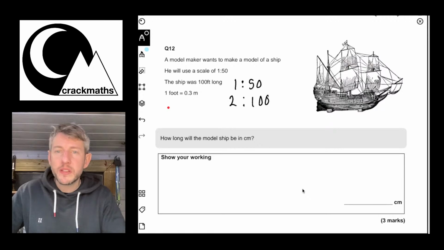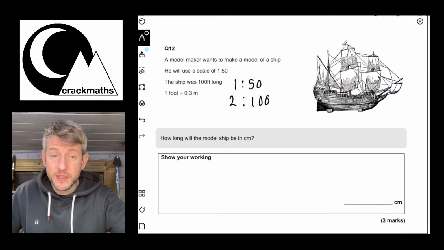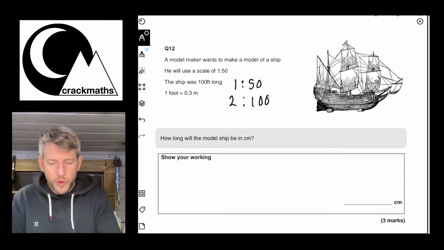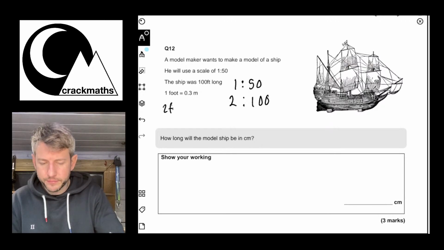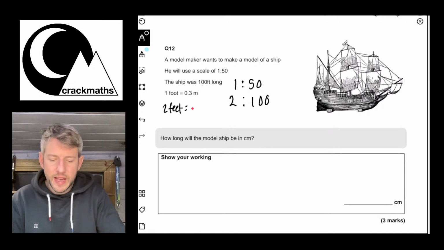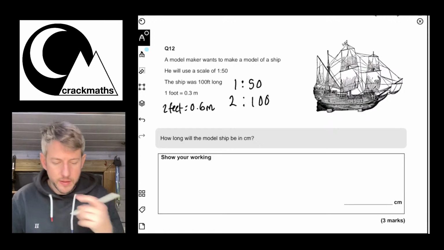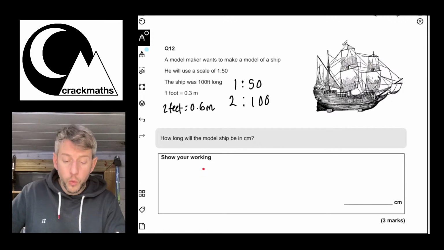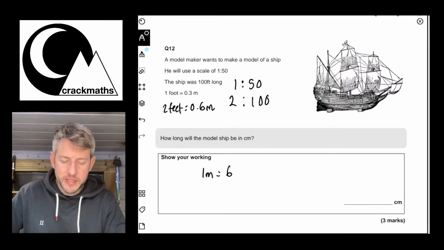Okay, so we can see here that 1 foot is 0.3 meters. So if 1 foot is 0.3 meters, we know that 2 feet will be twice that, which will be 0.6 meters. So how long will the ship be in centimeters? Well, 1 meter equals 60 centimeters.